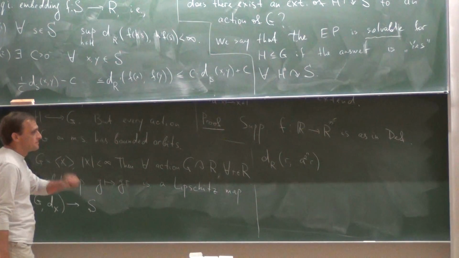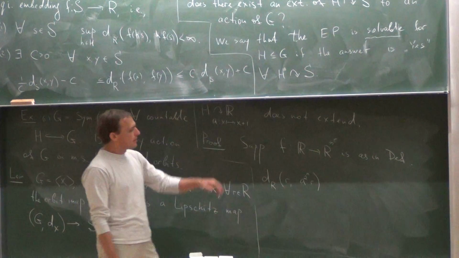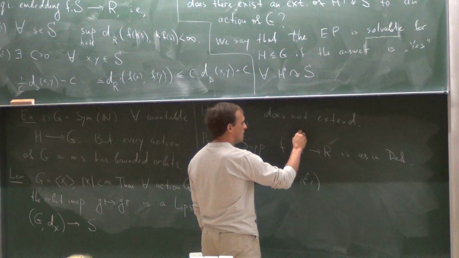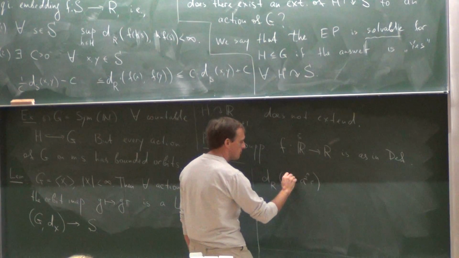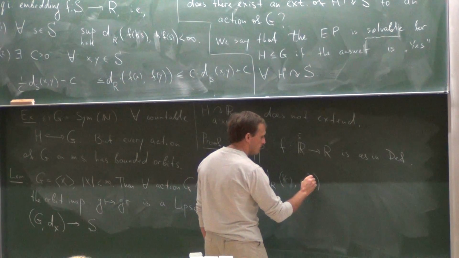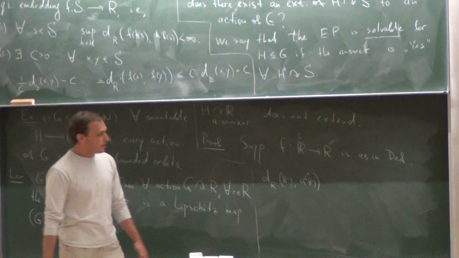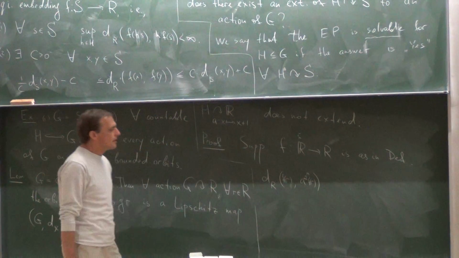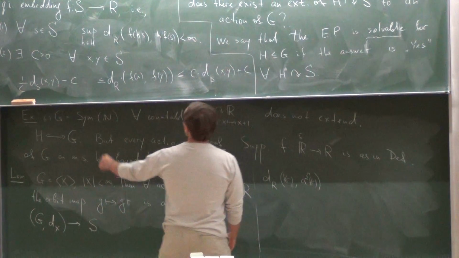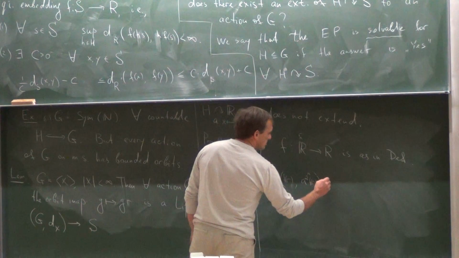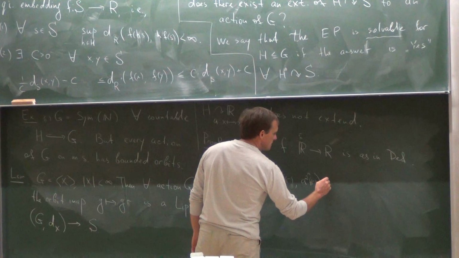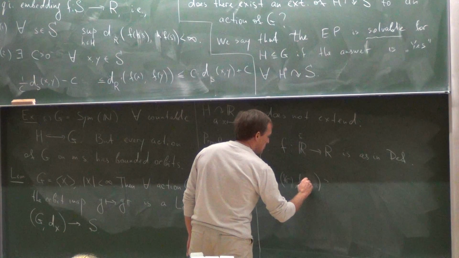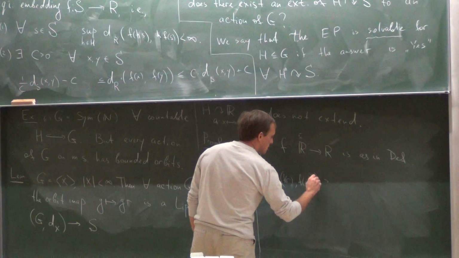Well, on the one hand, let's take r a real number, and this will be f of r. This notation is slightly better. So on the one hand, because this map f is a quasi-isometric embedding, and because it's almost H equivariant, let's try to describe f of a to the 2 to the n r.